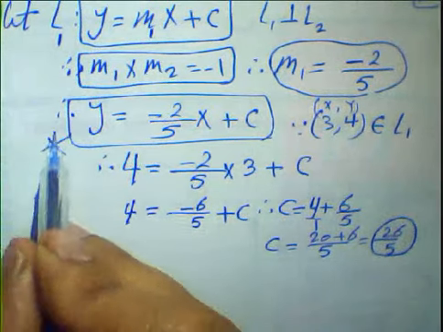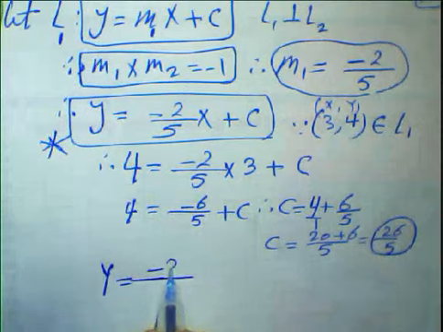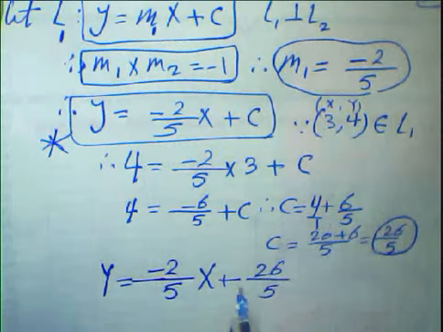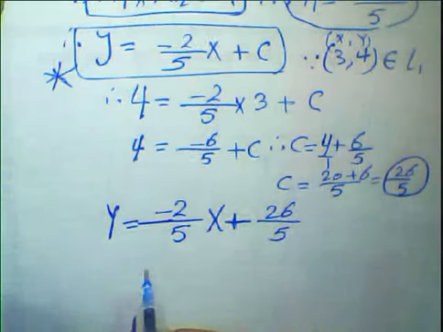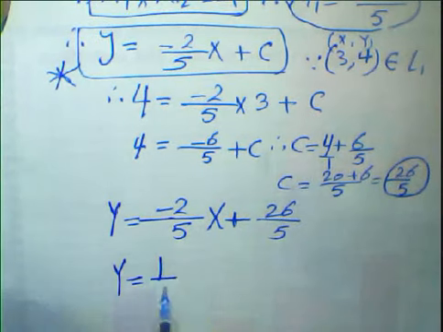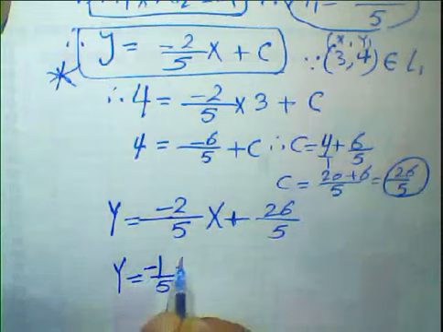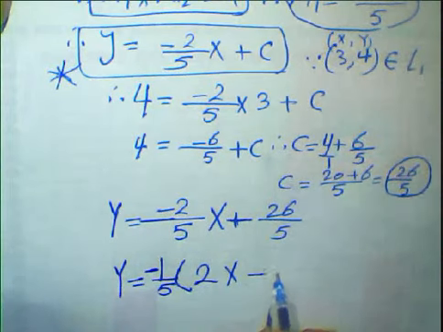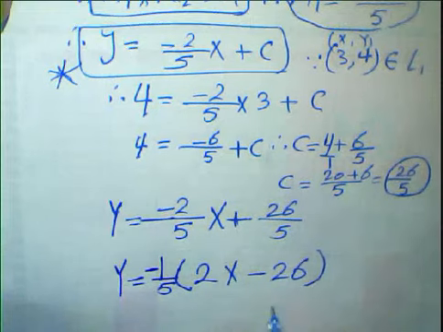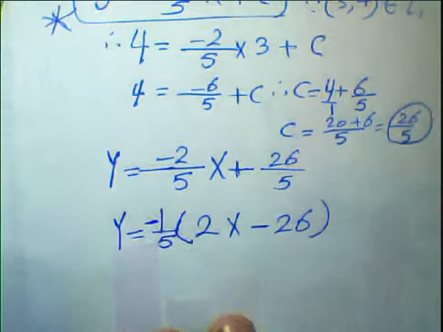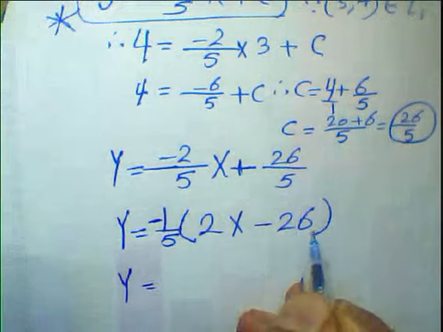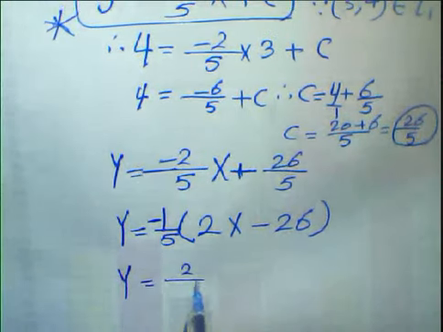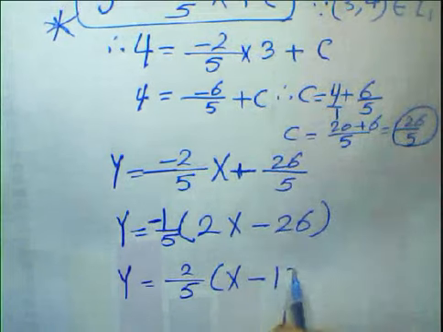y will be equal here negative 2 over 5x plus constant here 26 over 5. You can simplify this equation y equal 1 over 5 and write negative outside here, negative 1 over 5, and you can write 2x minus what? Minus 26, and we can simplify it again, write 2 outside coefficient about here because 26 get divided by 2, it will be negative 2 over 5 multiplied by x minus 13.